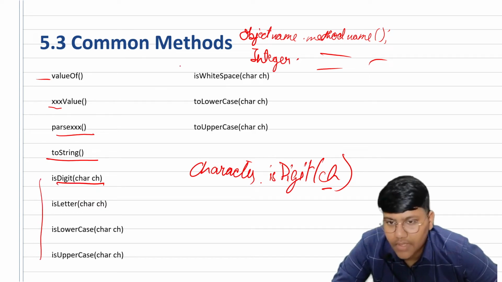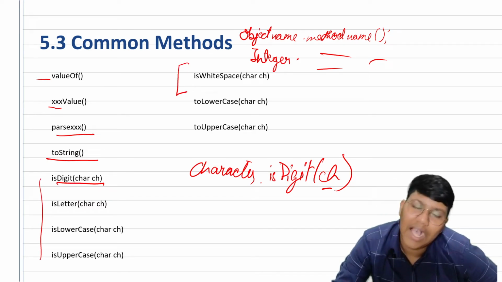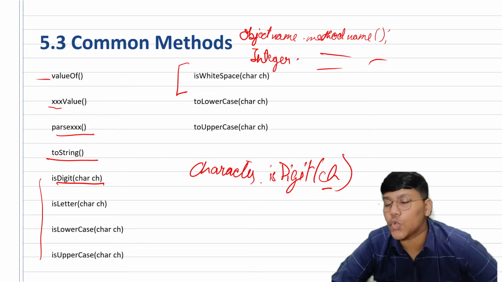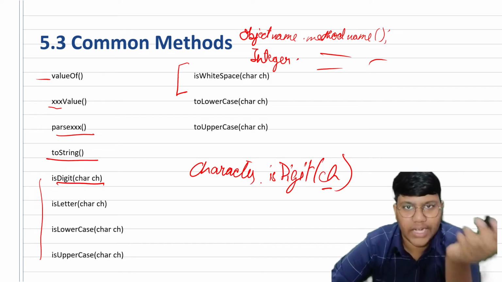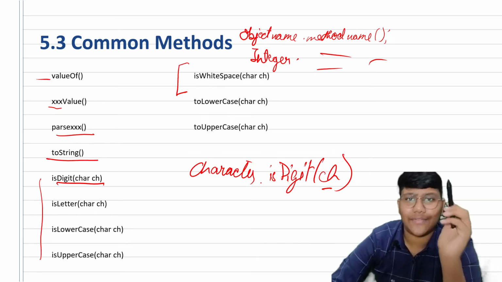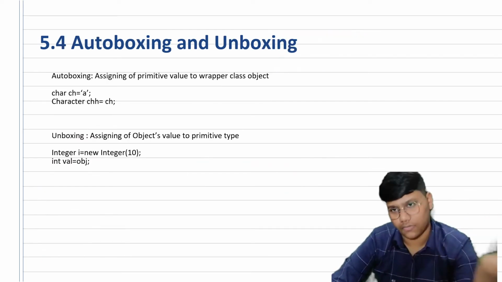These are of boolean data type because they return true or false. isWhiteSpace cannot return 0 or 1, it will return true or false. If it is white space, then true, if it is not, false.